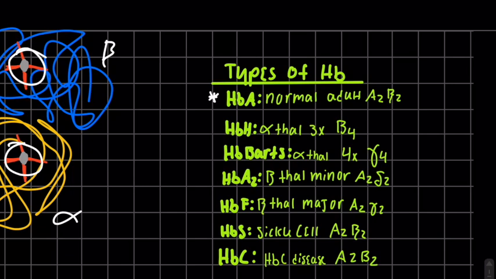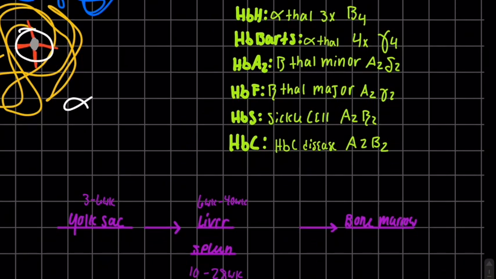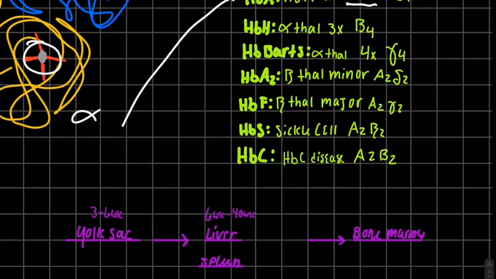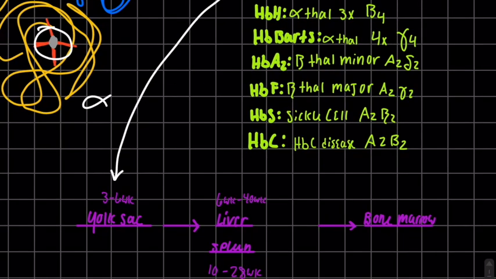Saying that normal adult hemoglobin is important, right? Because if we look down a little farther here, we'll see that hemoglobin takes a lot of different variations throughout development. In the yolk sac, which is at the very beginning of life, we have a different type of hemoglobin.